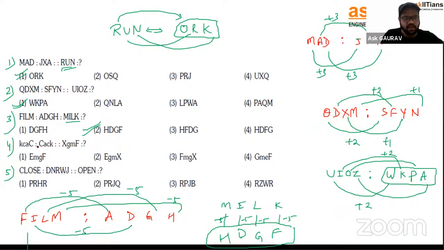K C A capital C, then capital C A C K. Basically, you are going reverse, right? Now, X G M F. Then the reverse will be capital F, then small m, then small g, then capital X. So FMGX. Which option? Option third. Okay.